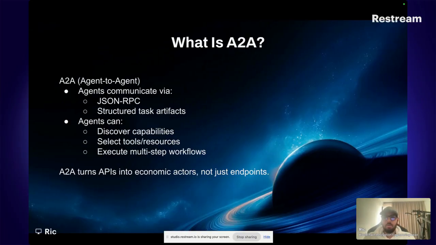But the same goes for resources and tools, and then essentially being able to execute the multi-step workflow, which is something that last year was all about creating chain of thoughts and multi-step workflows, and I think we are finally getting there, and that's where the agent-to-agent protocol is actually shining. In other words, think of A2A as a mechanism that turns APIs into economic actors and not just standard endpoints.